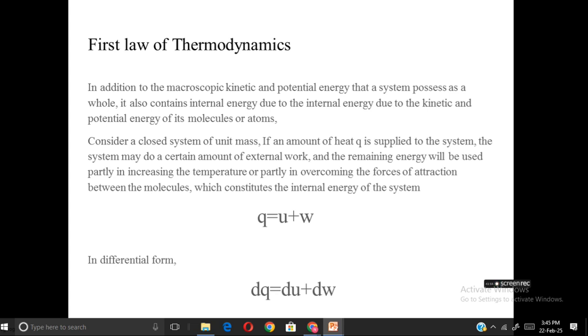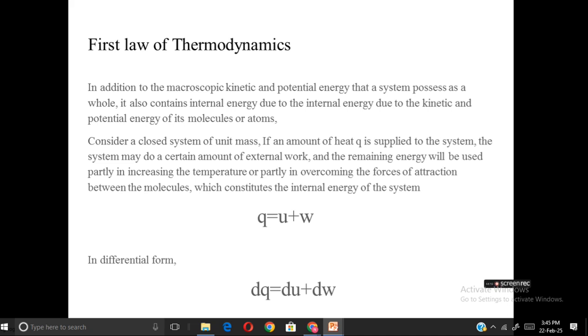We know that in addition to the macroscopic kinetic and potential energy that a system possesses as a whole, it also contains internal energy. You are familiar with the term internal energy, right? You would have learned it in your college.